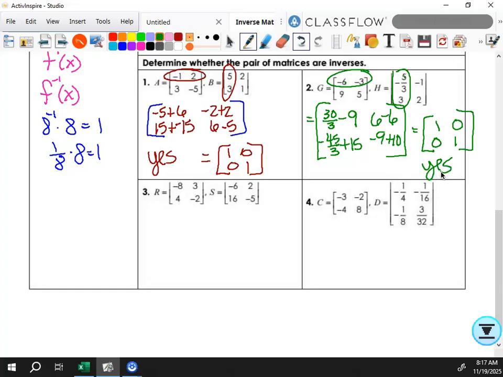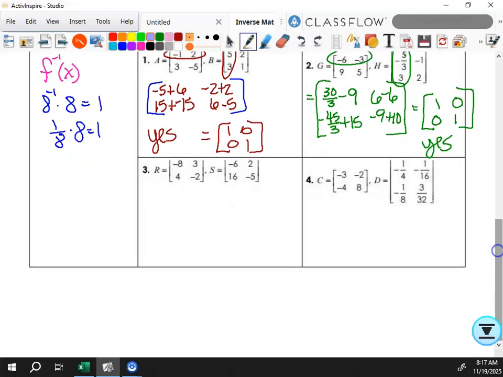Okay. Everybody okay with that? All righty, let's do this next one here. I'm going to have this times this. So that's going to give me 48 minus 48.